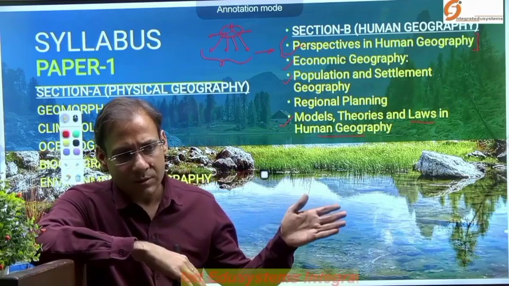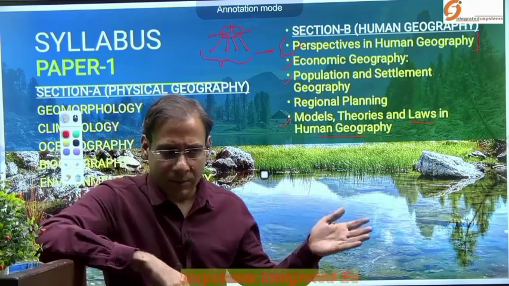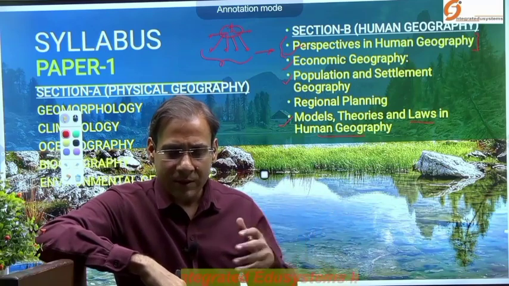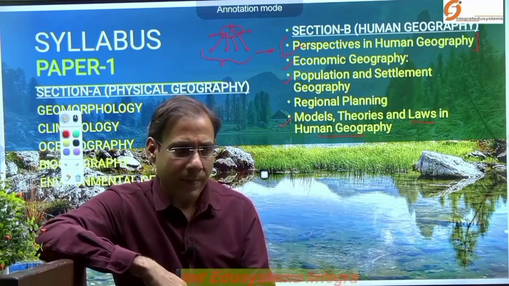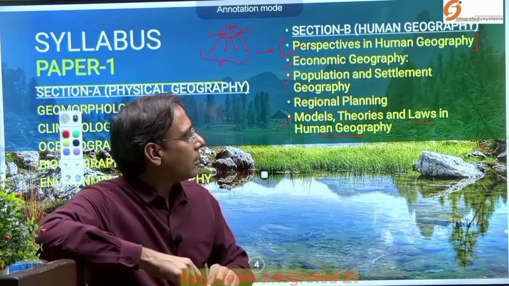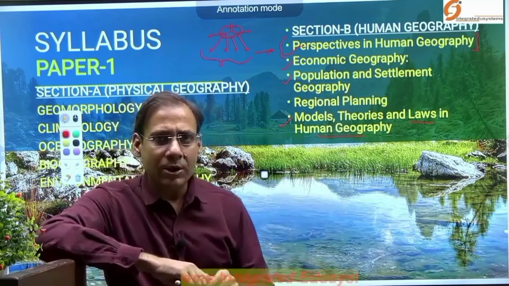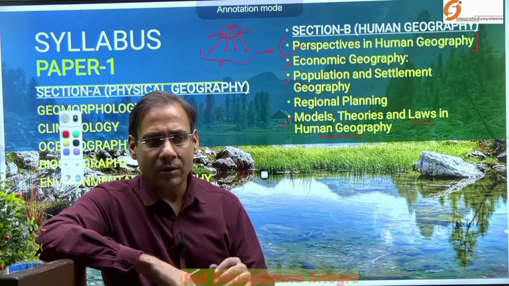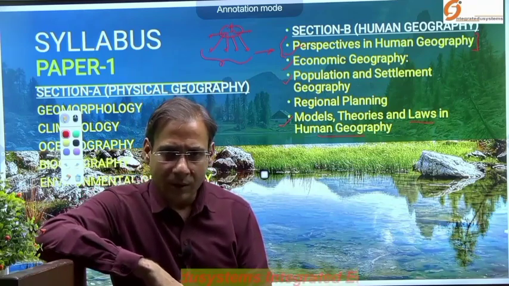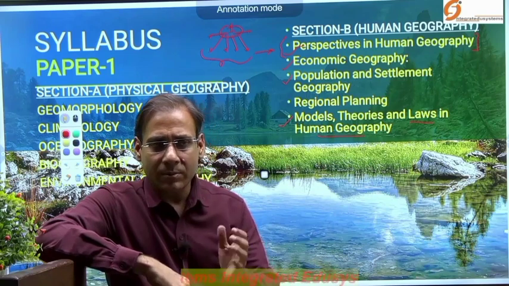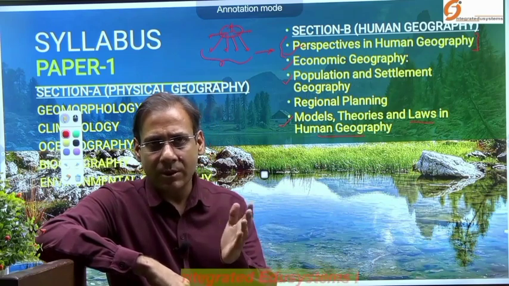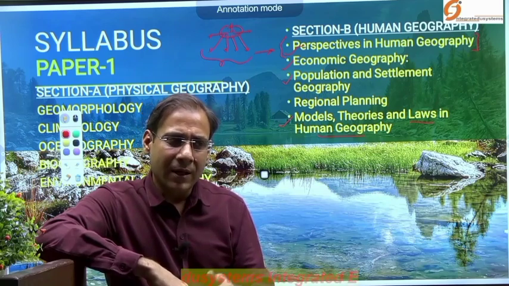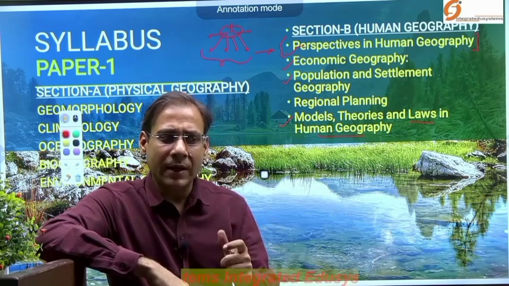In the last decades, in the GS paper as well as the optional, we find various questions from migration. And in settlement geography, as you know, there are two kinds of settlements, rural and urban. You have to understand the basic differences of this settlement pattern and the types, and again there are some theories related to settlement.